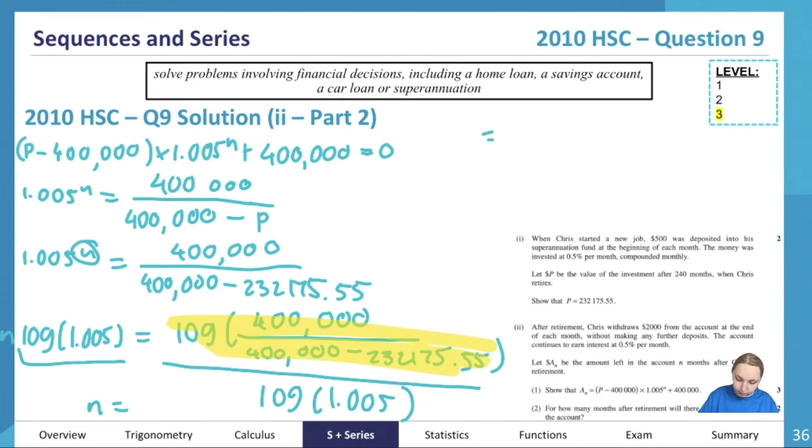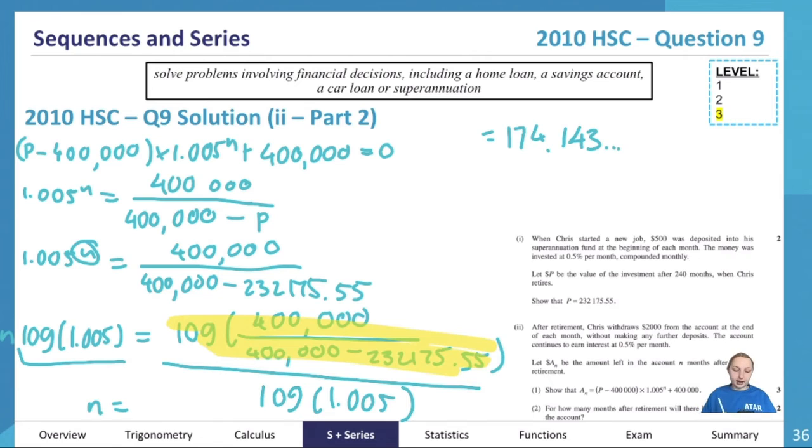So then that equals, let me just double check I've done this right, log of 400,000 over (400,000 minus 232,175.55) over log 1.005 equals 174.143.